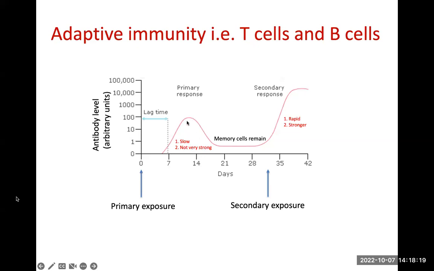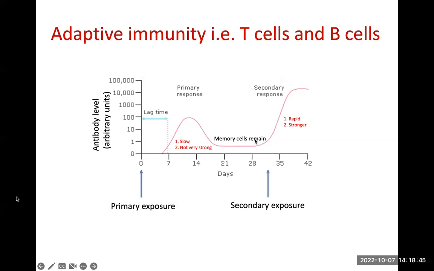Once that pathogen has been cleared, because now you have very good T cells and very good B cells, the adaptive immune response will decline because there's no need of maintaining very high numbers of those cells in the body when you don't have an infection ongoing. But instead of declining to zero, you have a proportion that is left as memory cells.